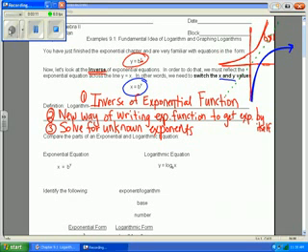For instance, let's say we knew that swine flu was growing at a natural rate of y equals e to the x, and say this is the rate at which it's growing per day.